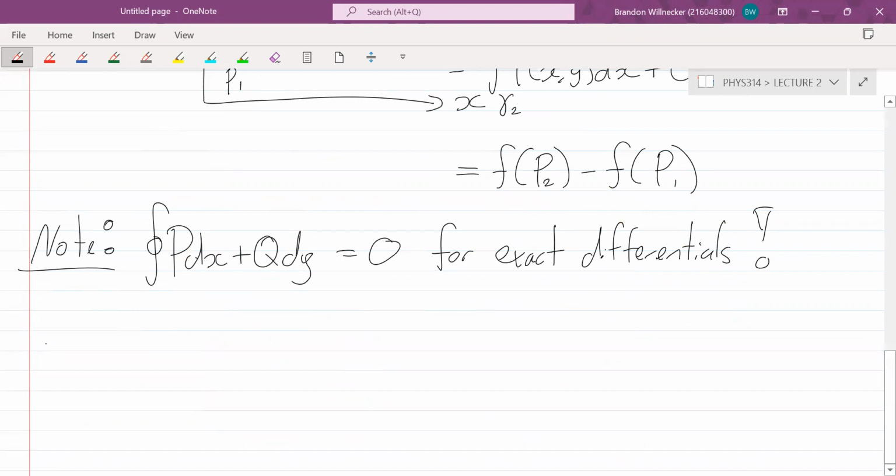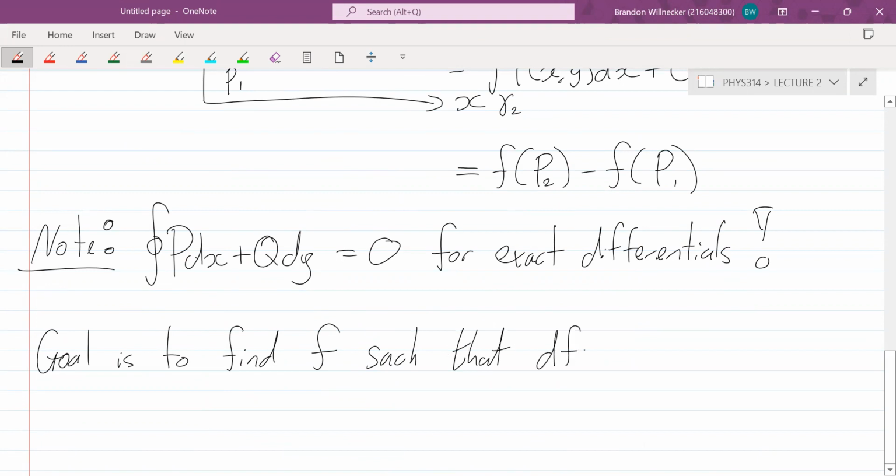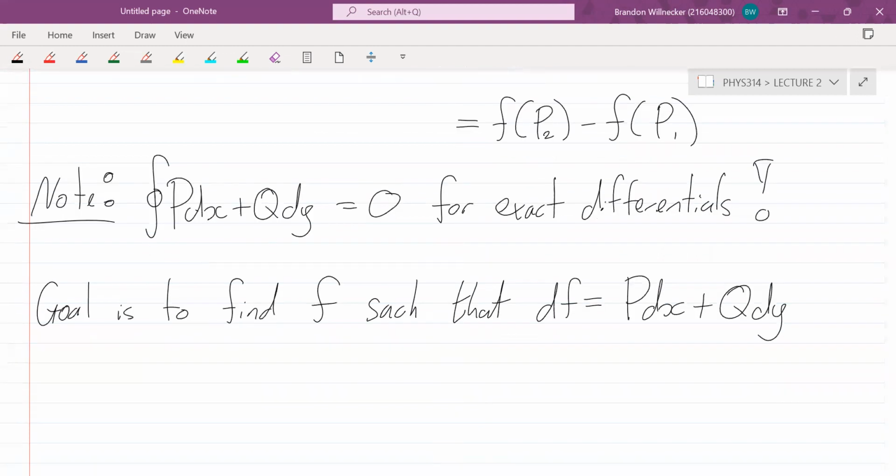So the goal is to find f such that when you calculate df, this gives us P dx plus Q dy. That's again what it means to be exact. This tells us how to find f.